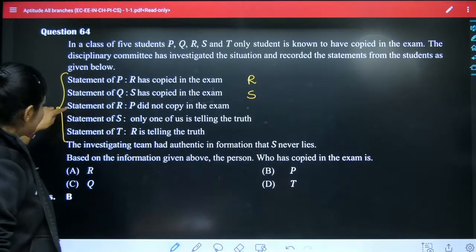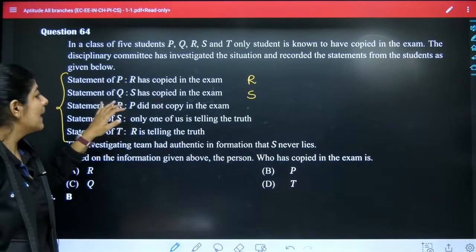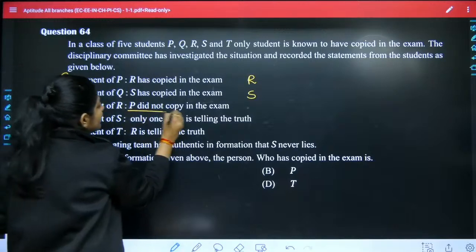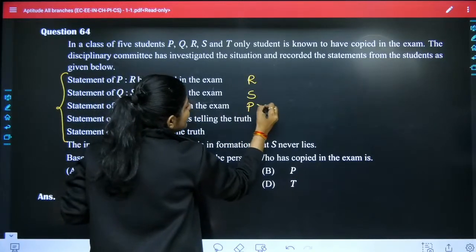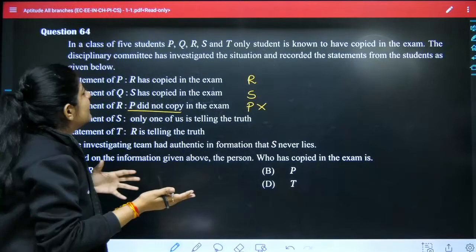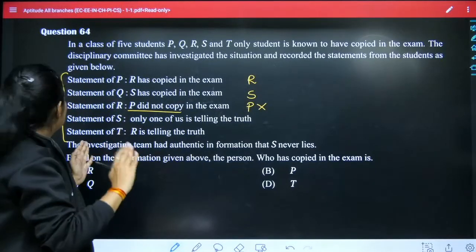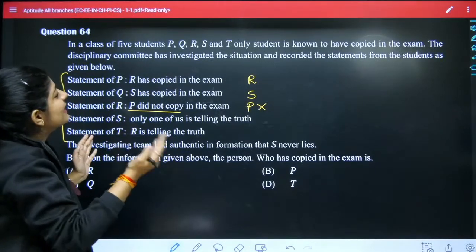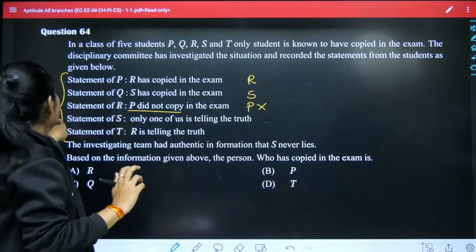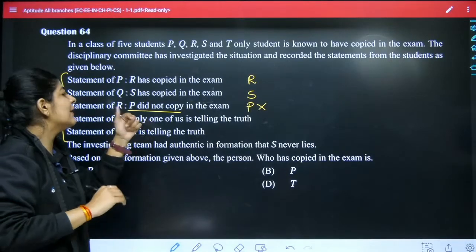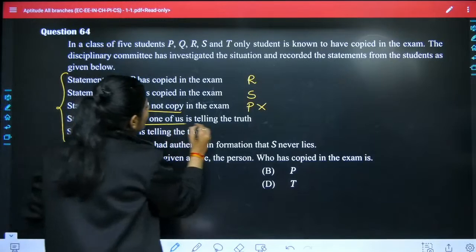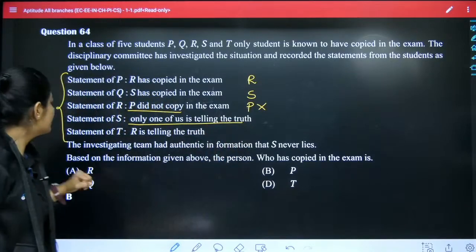Statement of R says P did not copy. That means one of Q, S and T copied. Statement of S says only one of them is telling the truth.